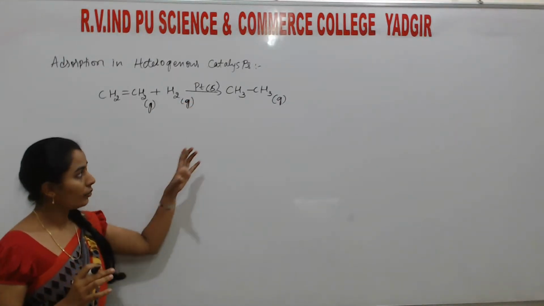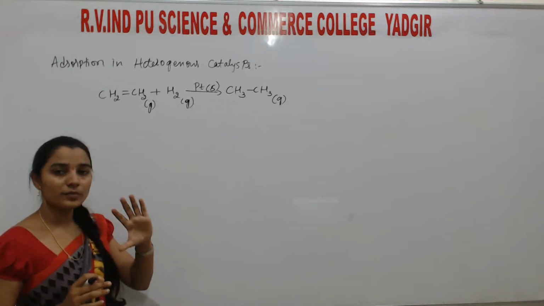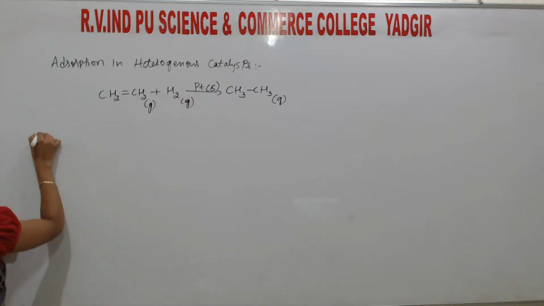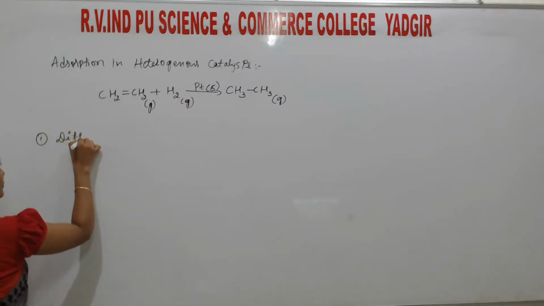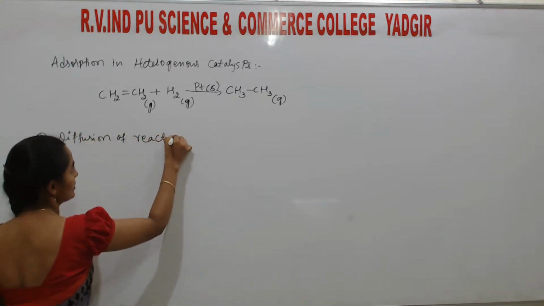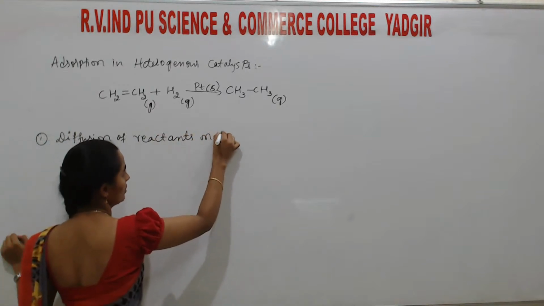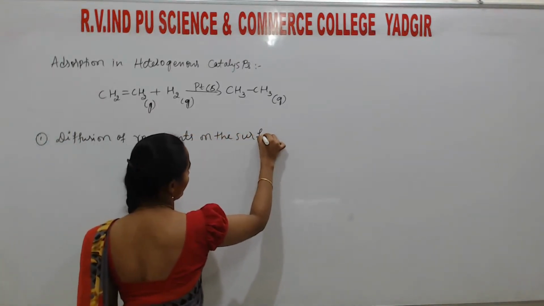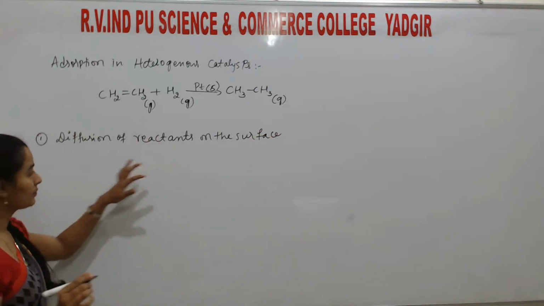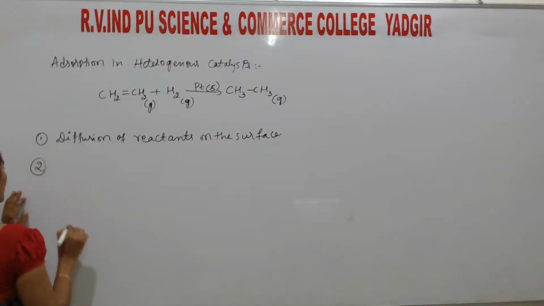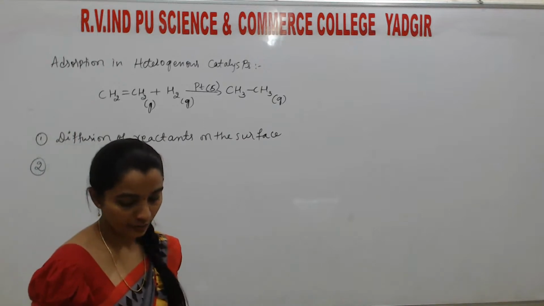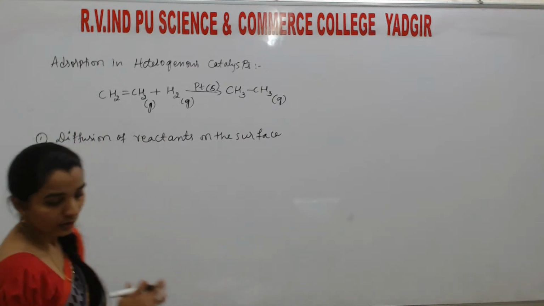Understand? Here, how does the reaction take place? There are 5 steps in the adsorption process of catalysis. First one is diffusion of reactants on the surface of the catalyst. Next is diffusion on the catalyst surface.